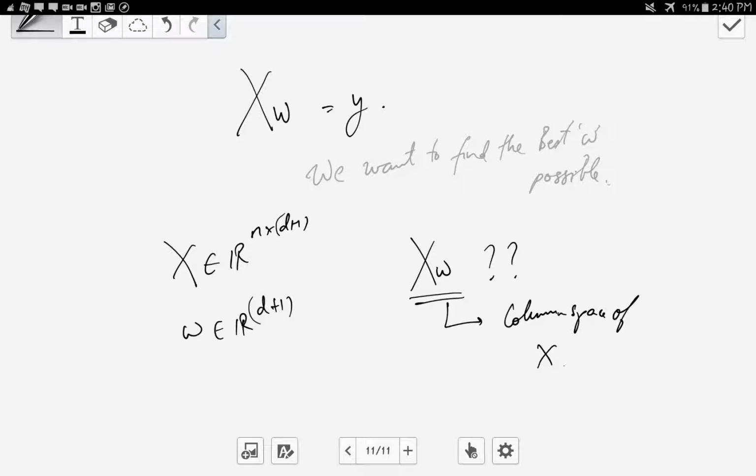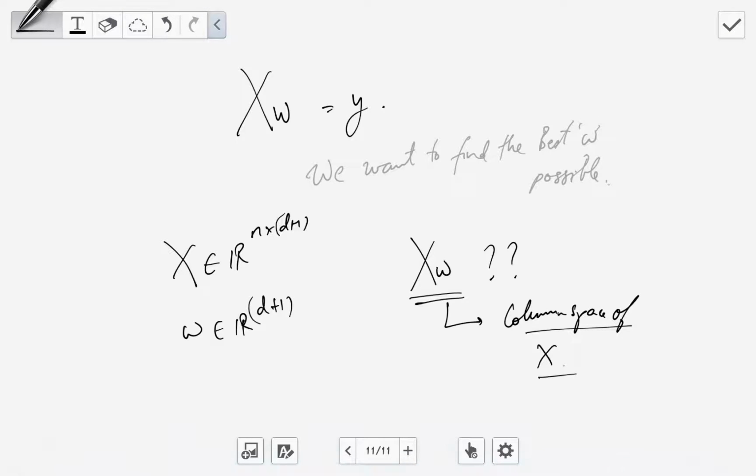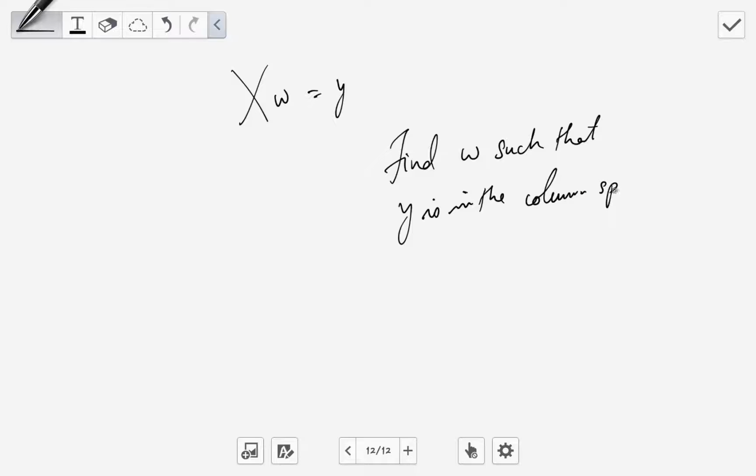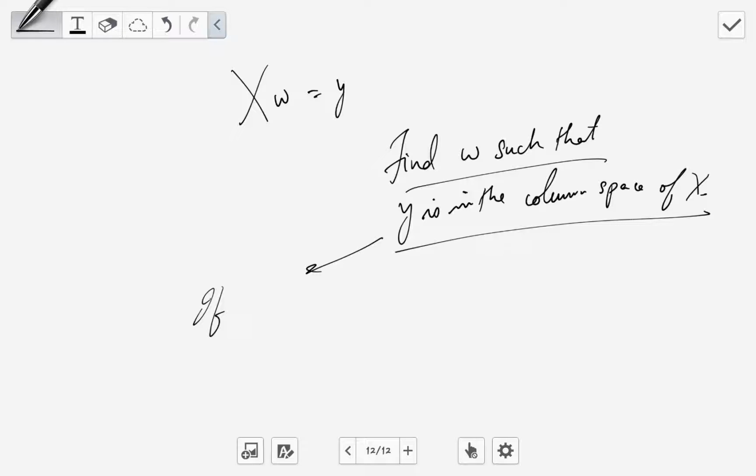Fine. Since XW is in the column space of X, I want to equate XW to Y. That means find W such that Y is in the column space of X. Now, this is only true if XW is equal to Y is solvable.